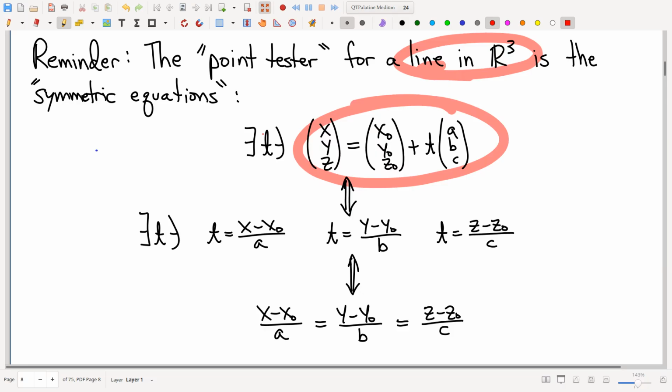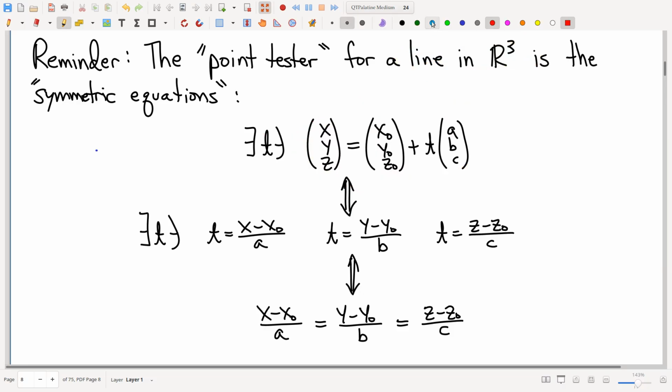So, okay, if we can't have an equation, a reasonable next question then is, can I, in some sense, come up with a point tester? What would be the test? Specifically, if I want to know, is some point, whatever that point might happen to be, on the line that's generated, the line that goes through that point and points in that direction?